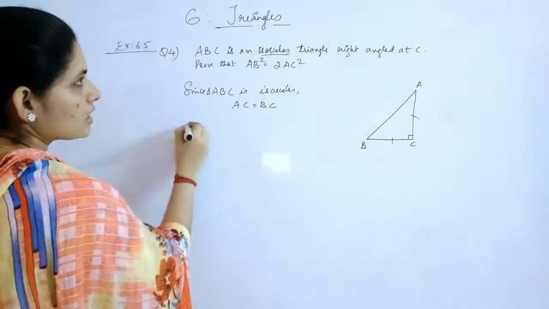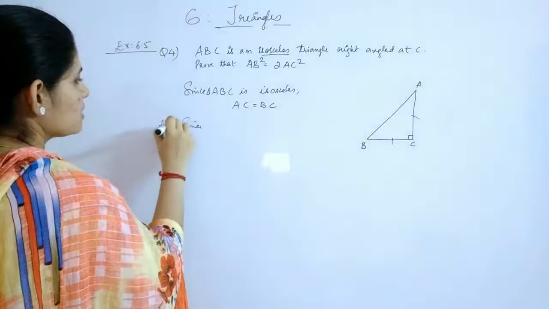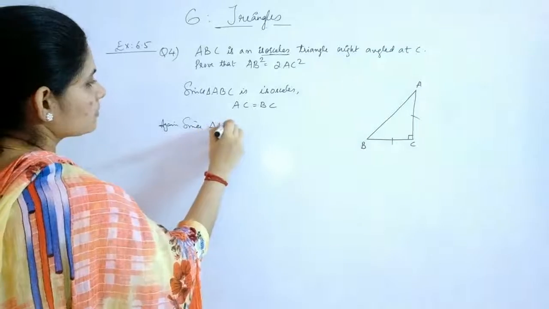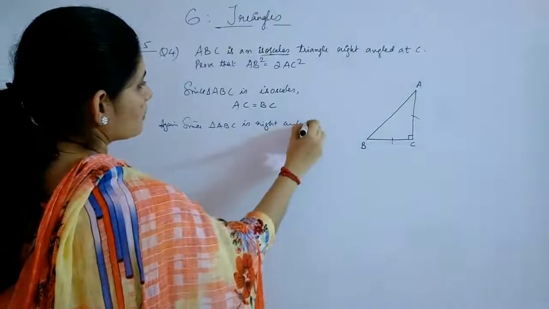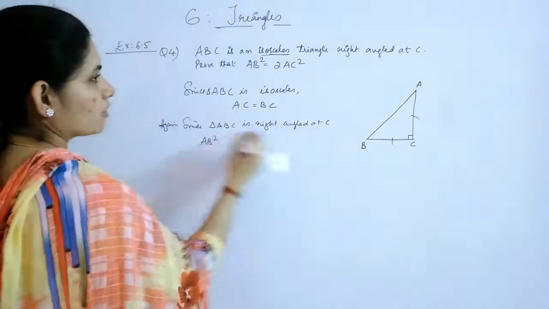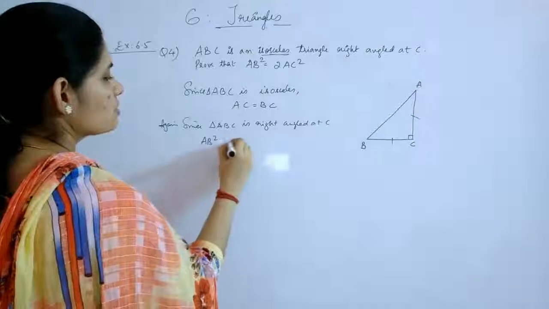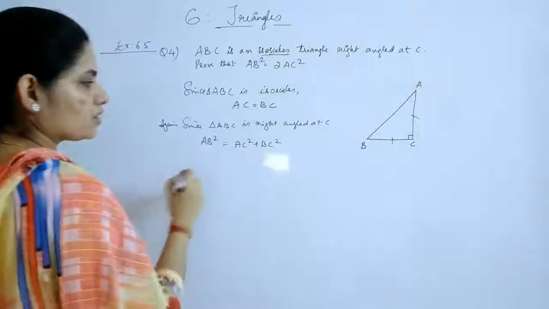Now since ABC is right angled at C, we have AB square, which is hypotenuse square, is equal to AC square plus BC square, base square plus altitude square.